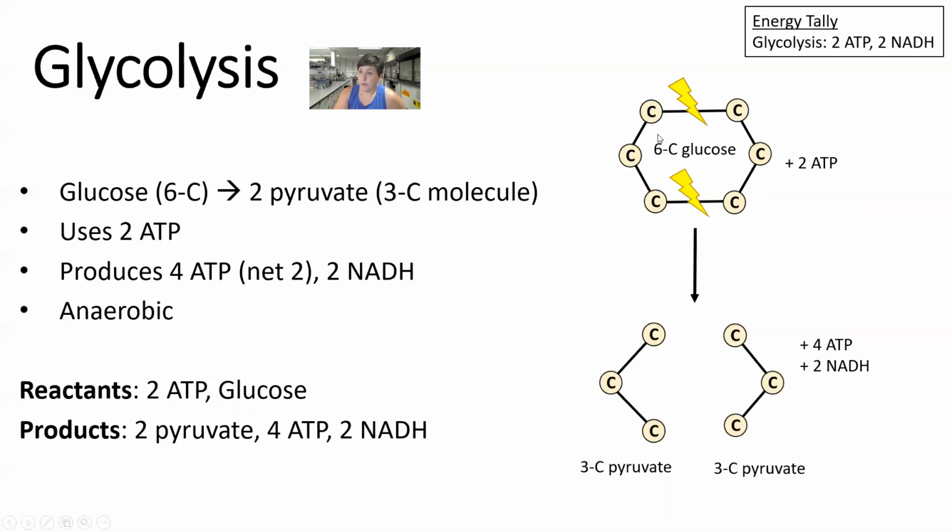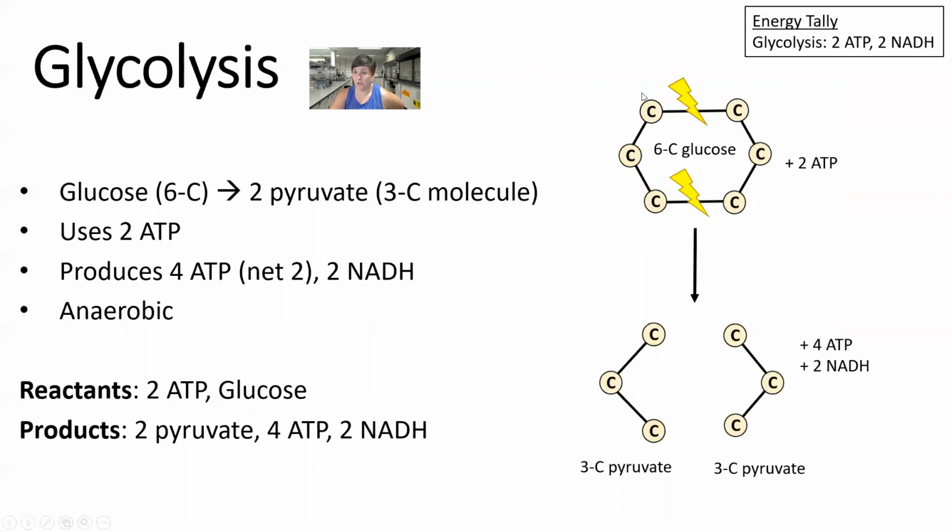And what we need to do through glycolysis, again, lysis meaning split it, is break glucose in half. Basically just separate that 6-carbon molecule into 2 3-carbon molecules. And each of those 3-carbon molecules are called pyruvate.